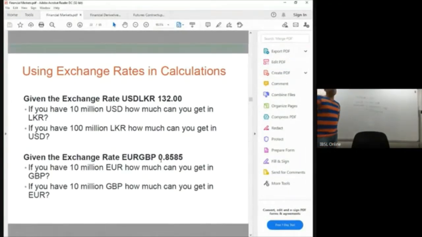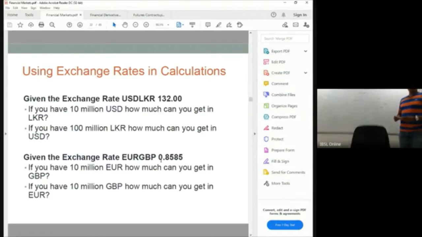You have 100 million rupees. How much can you get in dollars? Right. You have 100 million rupees. How much can you get in dollars? Now, what have you got to do? So simple grade 5, maybe grade 2 calculation.